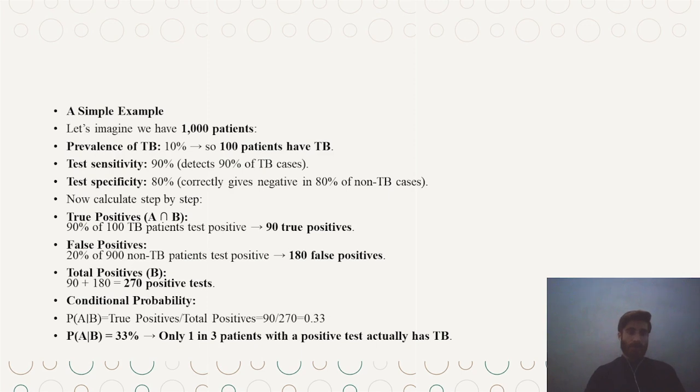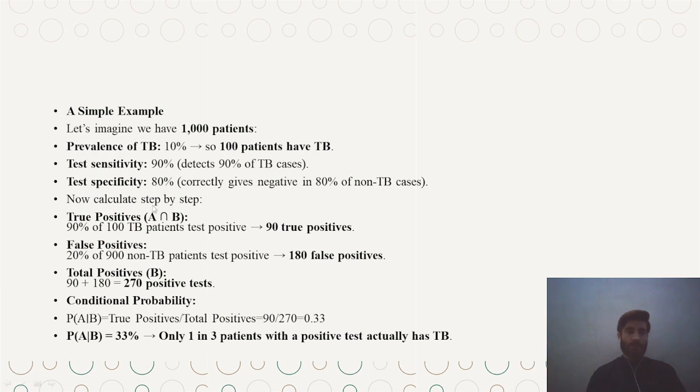So coming to our example, let's imagine we have 1000 patients. Our prevalence for TB is 10%, so there will be 100 patients with TB. Sensitivity is 90%, so the test will give positive results for 90% of these patients. Test specificity is 80%.